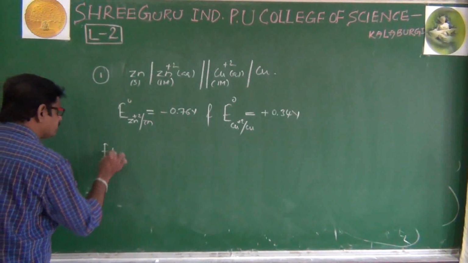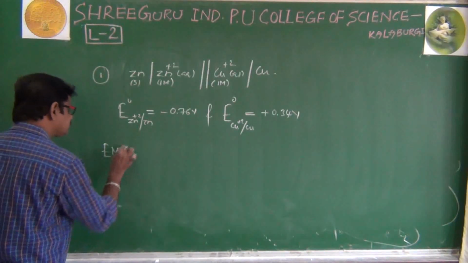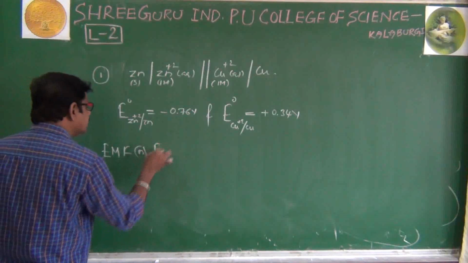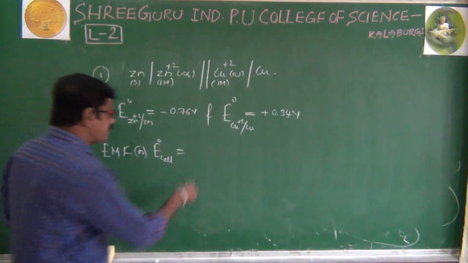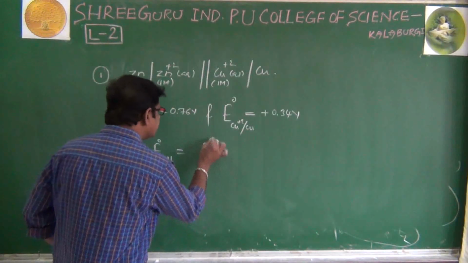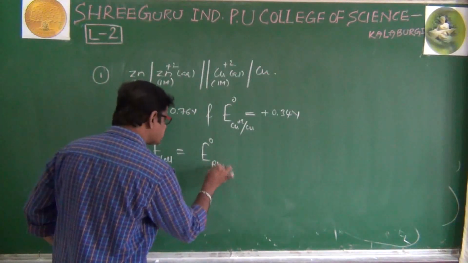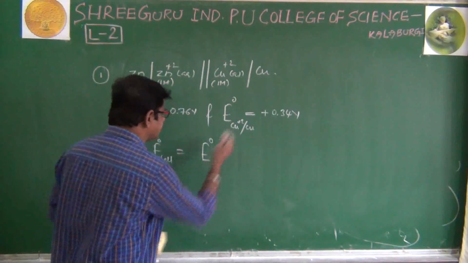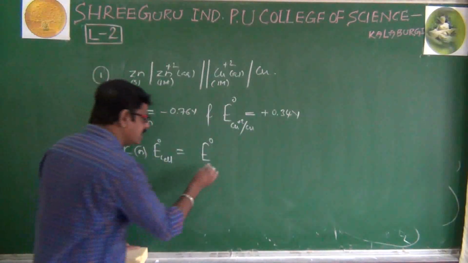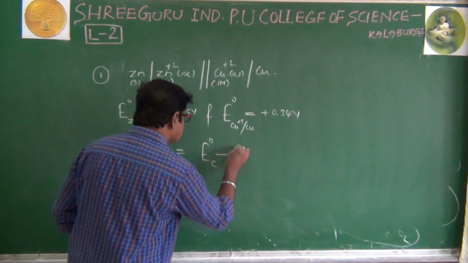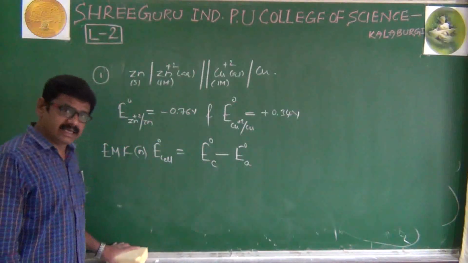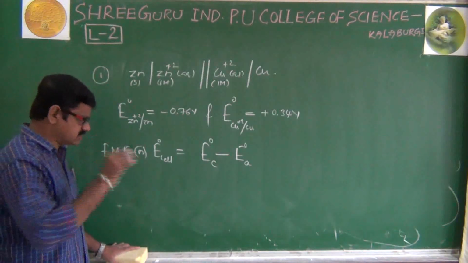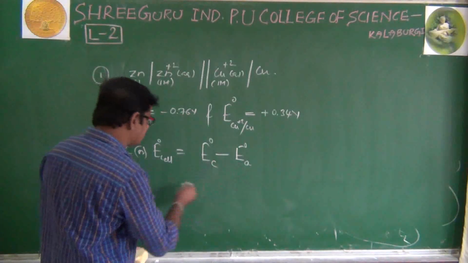Therefore EMF, electromotive force, or E naught cell potential is equal to the formula we have just discussed: E naught cathode minus E naught anode, or E naught right minus E naught left.